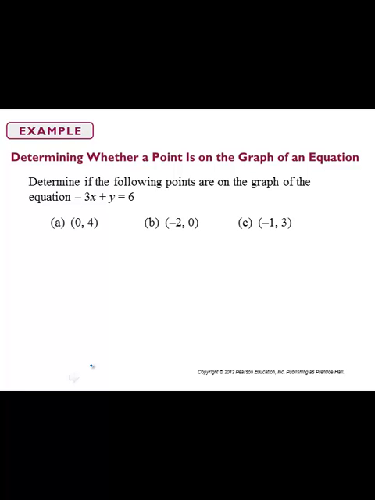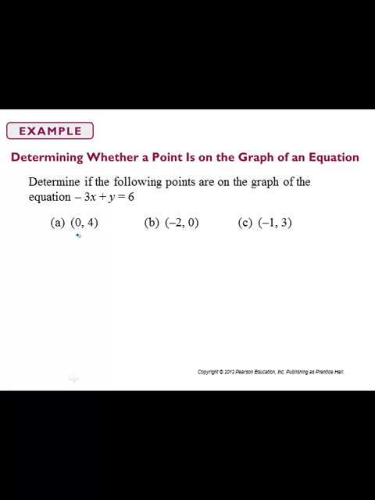So we're going to talk about graphing equations. In order to do that, we first need to talk about: does a point satisfy an equation? In other words, is a point on the graph for that equation? Now, when we say a point satisfies an equation, we're really not speaking entirely correctly.